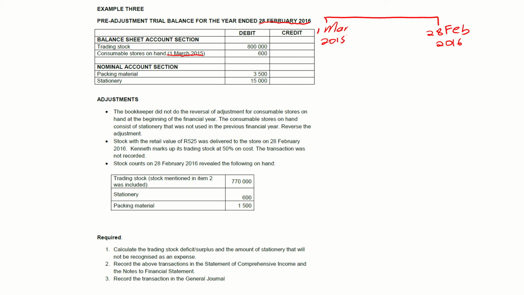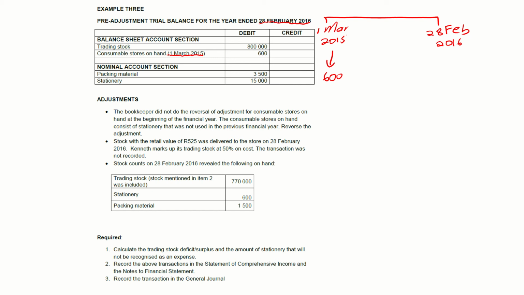Telling you that that consumable stores on hand balance of 600 Rand is right here. So that is the balance at the beginning of the financial year.